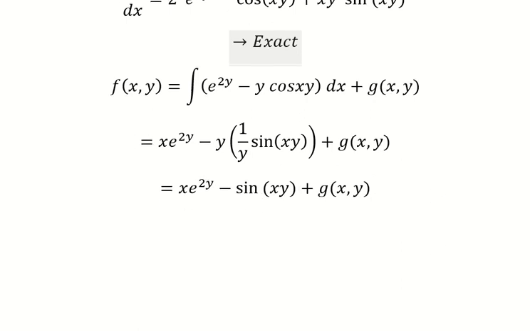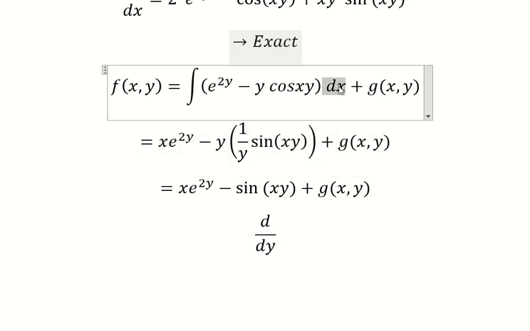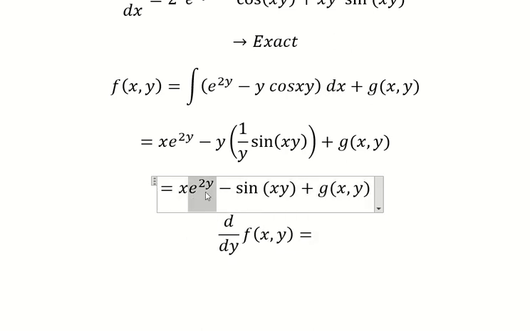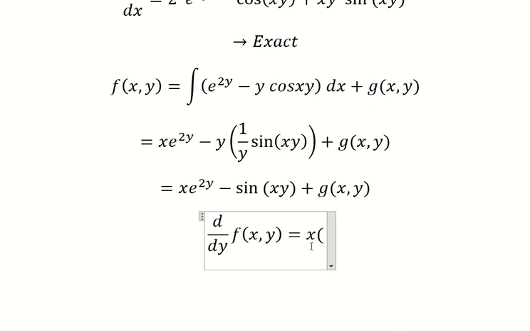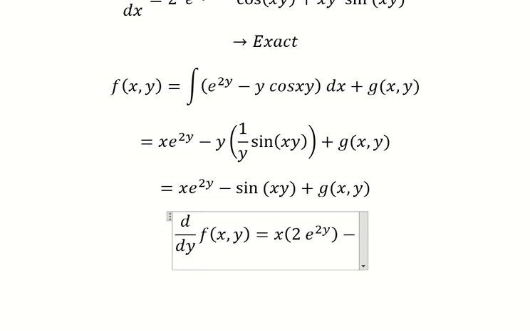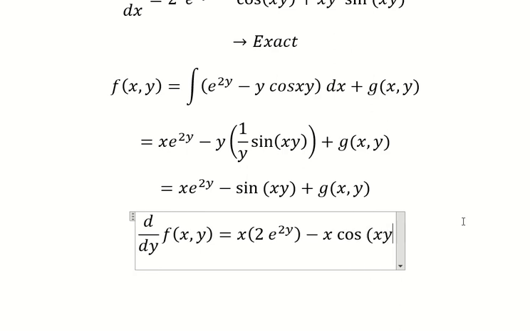Next, we need to do first the derivative of f in terms of y because we have the x in here. So we need to do this one. So this one, we have number 2 e to the power of 2y. So the second one, that is about x cosine xy.